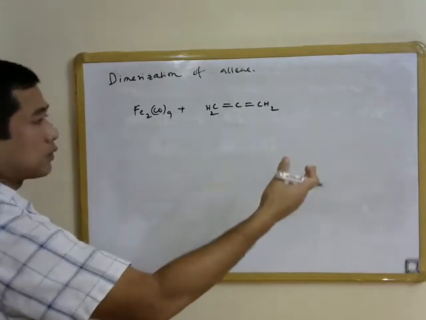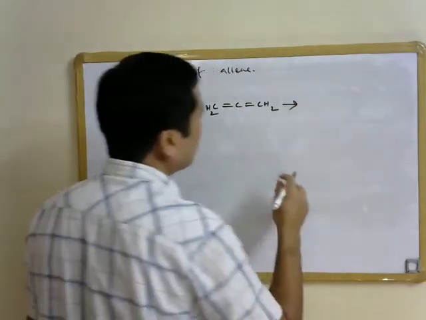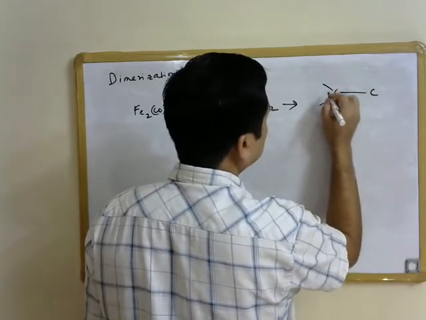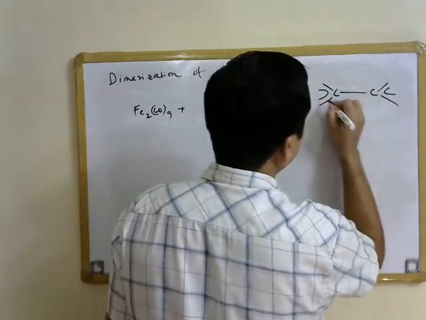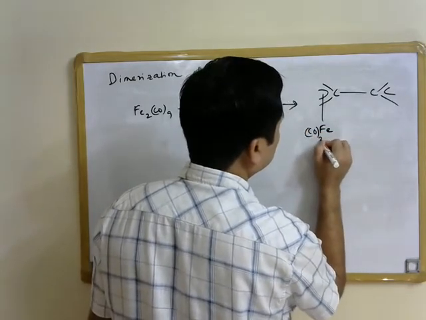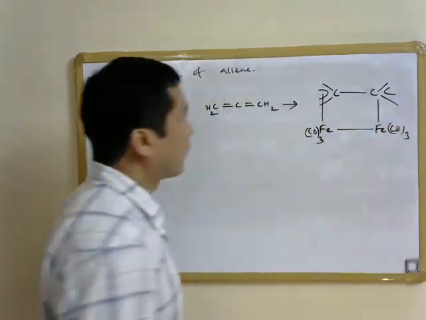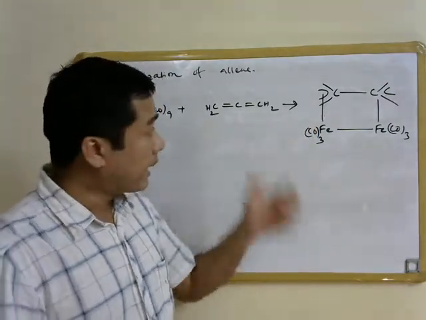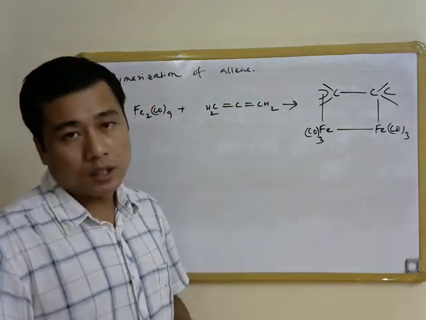This carbon atom gets attached to another carbon atom from another allyl group, and this leads to dimerization of the allyl. And these allyl groups now get attached to the iron centers in this reaction. So this is how a dimerization of allyl takes place, and essentially a biallyl ligand is formed, which then gets coordinated to the iron centers in this complex in this way.